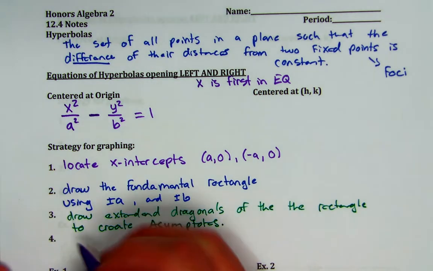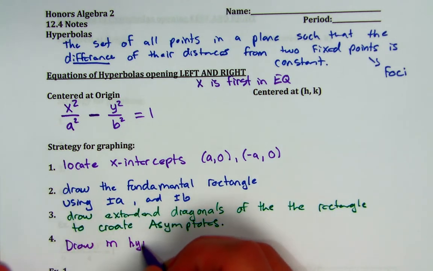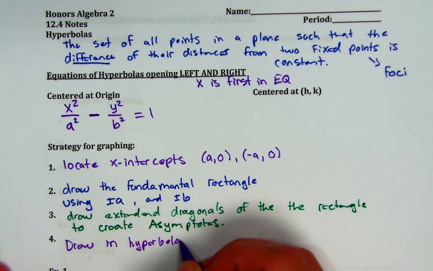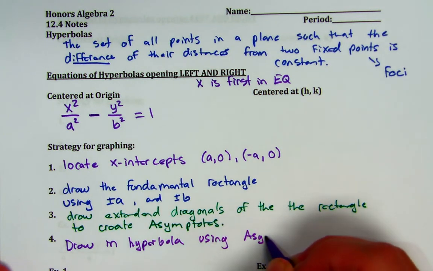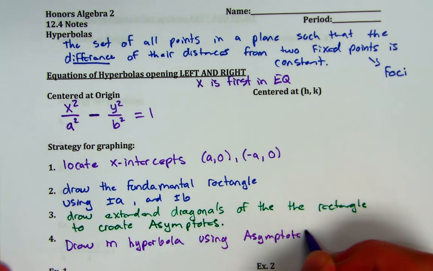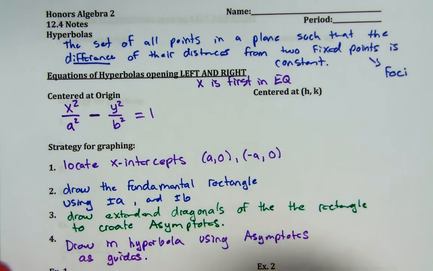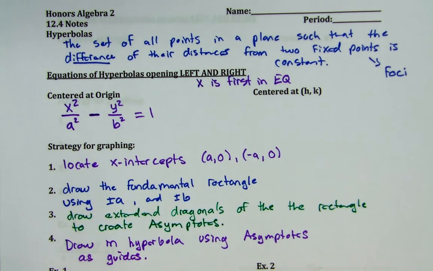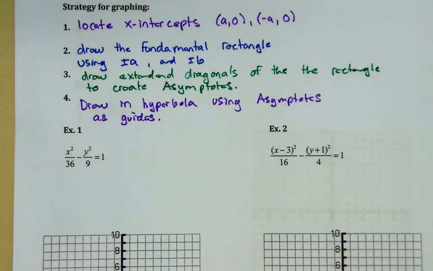And then finally, we draw in the hyperbola using the asymptotes as a guide, to approach them, basically. Alright, so a lot of that doesn't make sense without doing an example. So let's talk about it.